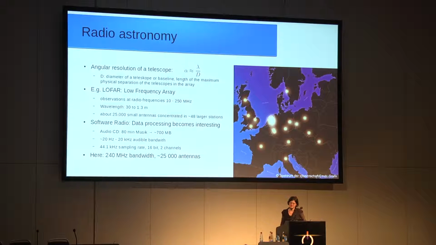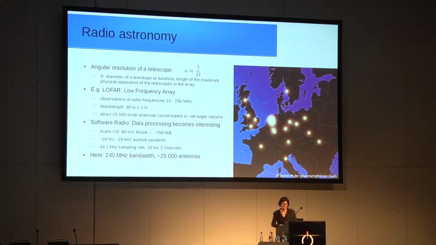So what they do, they build a lot of different stations and distribute them over half of Europe. In total, it's around 25,000 small antennas, concentrated in 48 large stations. They are also still building new stations. I think the last one was last summer.